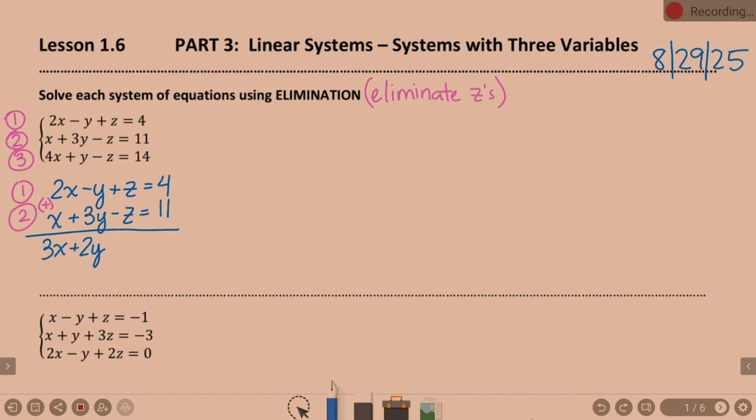That's what I wanted to happen, right? Carry down my equal sign. 4 plus 11, 15. We have a new equation. It's part of my organizational scheme. I'm going to call this equation number 4.